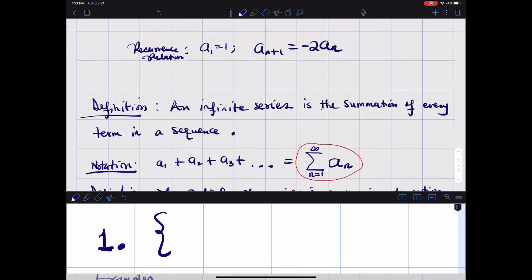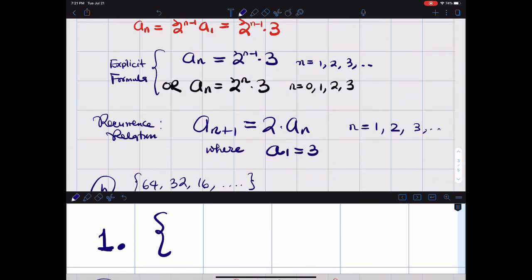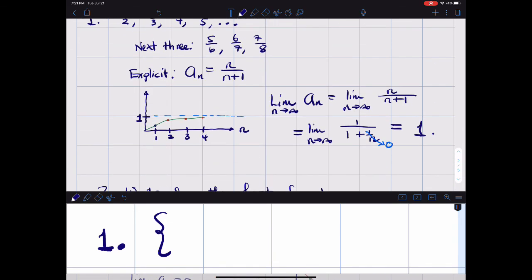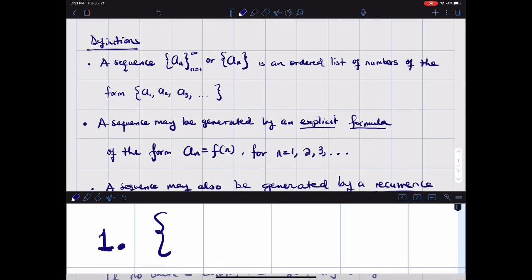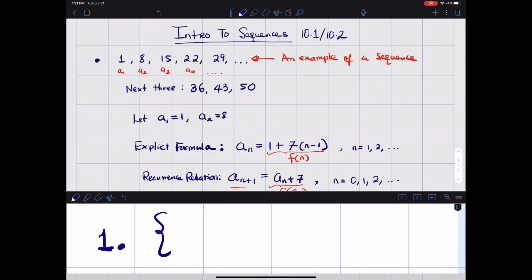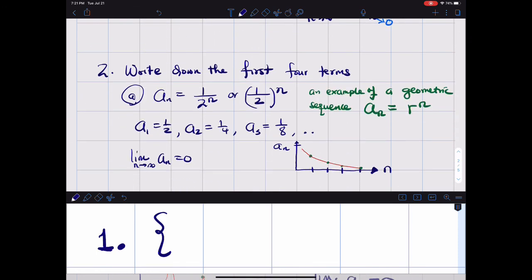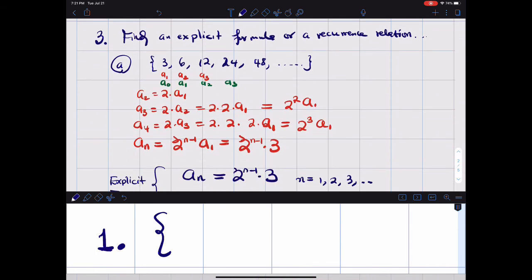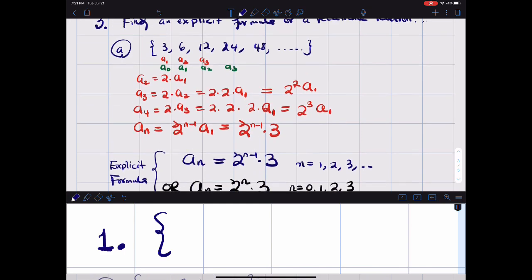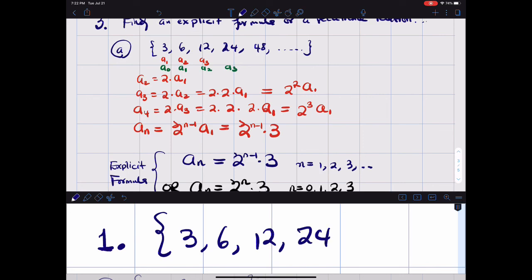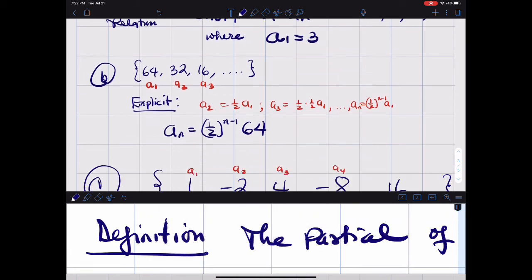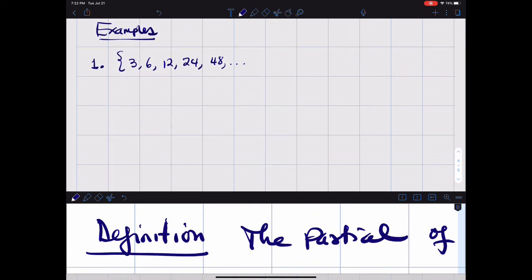Oh, we have a bunch of series over here. Why am I acting like I don't have series? I've got series for days. Okay, so we have this series: 3, 6, 12, 24, 48, and so forth.